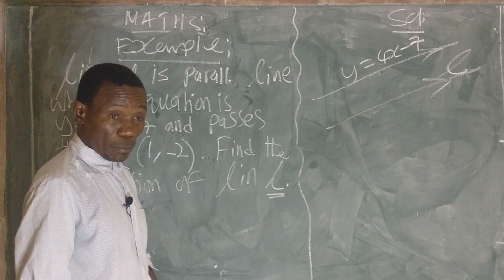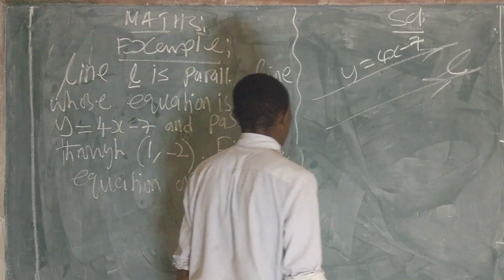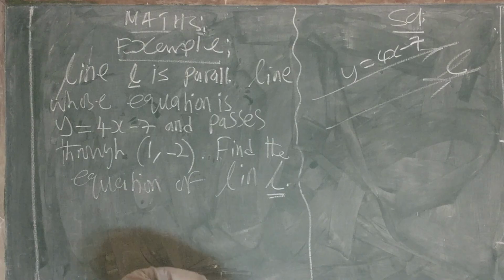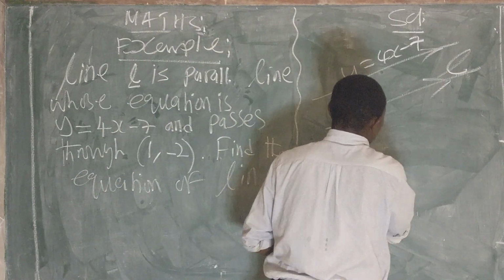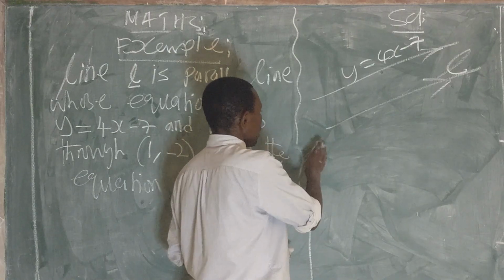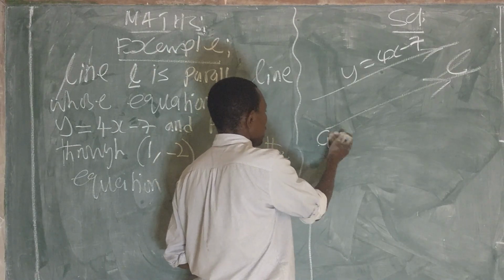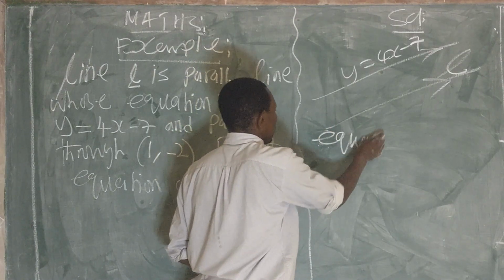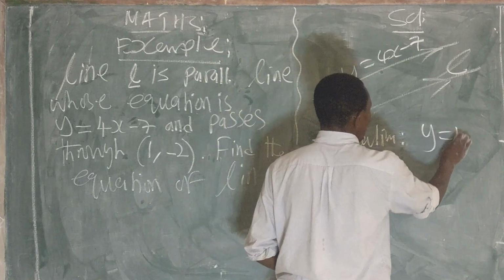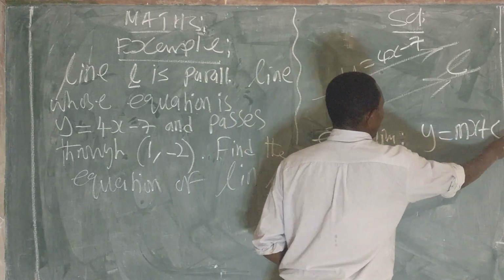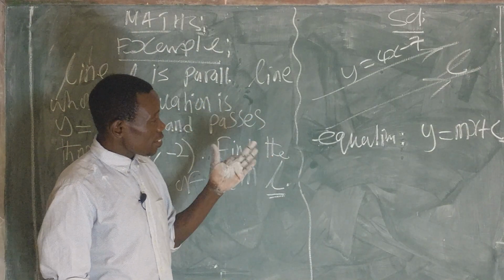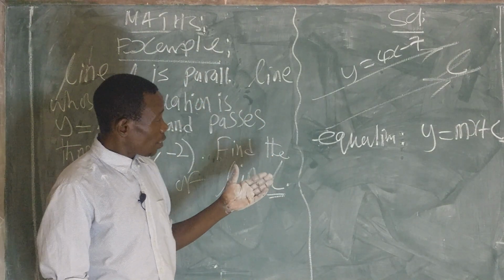So I'll use one of them, the general formula. First I indicate the formula: equation of a line is defined by y is equal to mx plus c, where m is the gradient and c is the y-intercept.